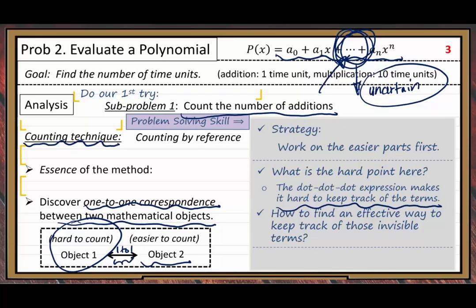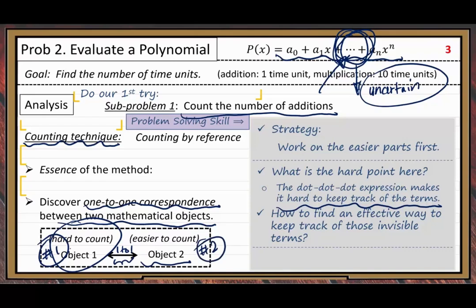Not 1-to-2 either, where 1 object 1 corresponds to 2 object 2s. So it must be a 1-to-1 correspondence. Then the number of object 1 should be the same as the number of object 2.